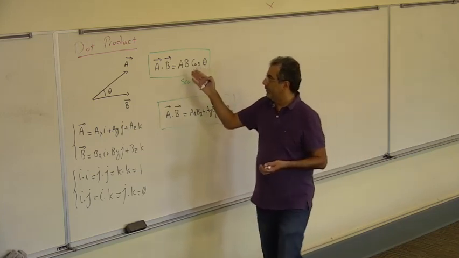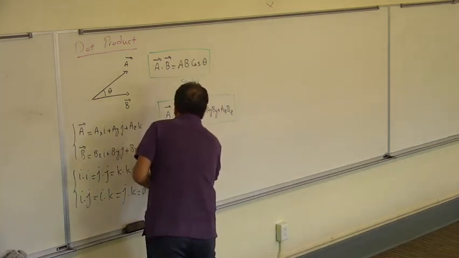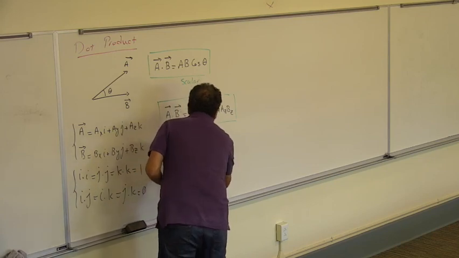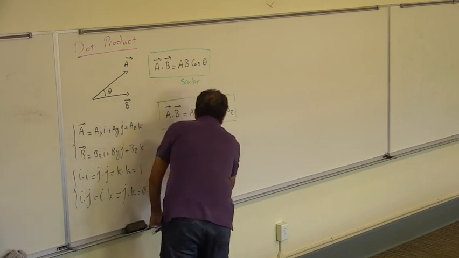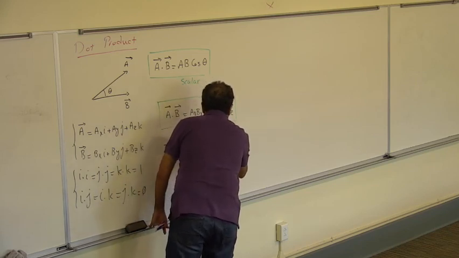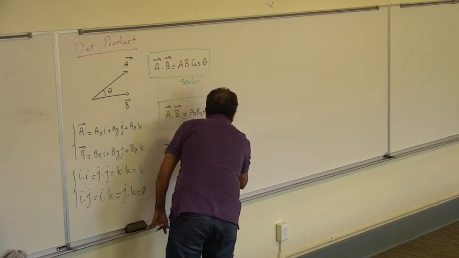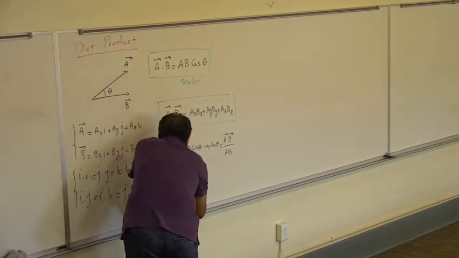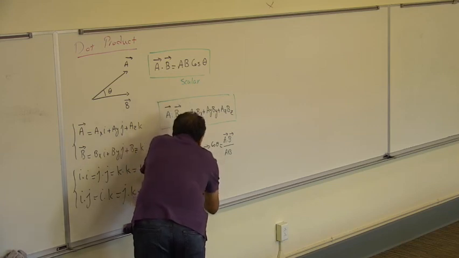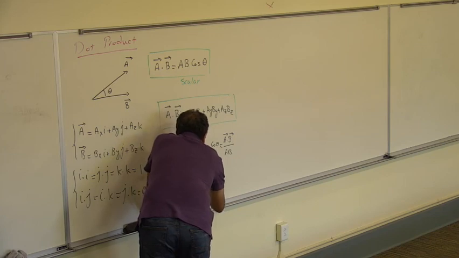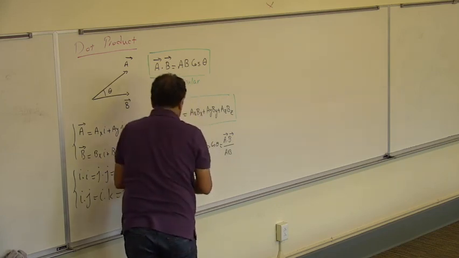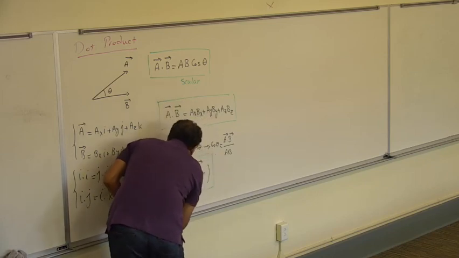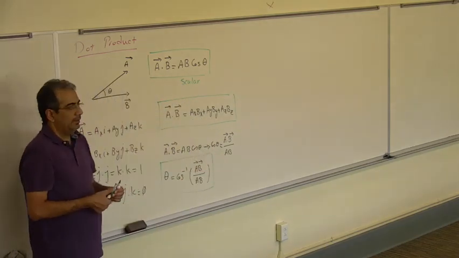Basically, A dot B is A B cosine theta, therefore the cosine theta is A dot B divided by A B. And from there I can find the theta, so theta will be the inverse cosine of A dot B divided by A B. So if I have two vectors and I want to find the angle between them, I can find it like that also.